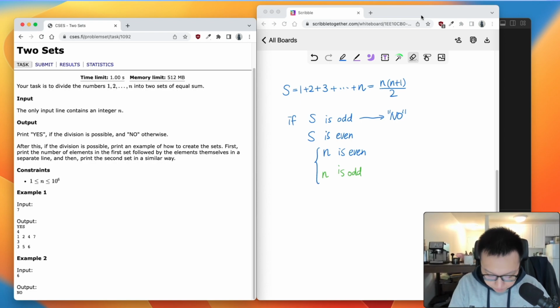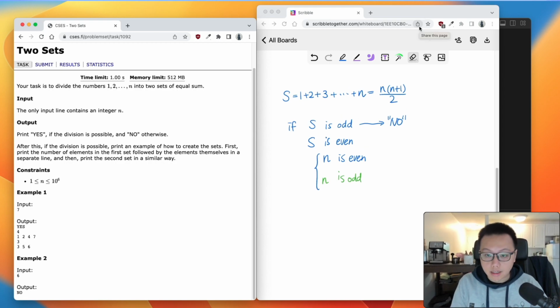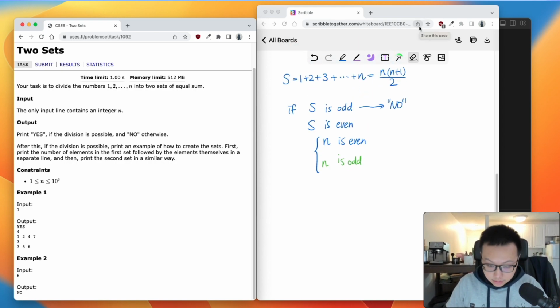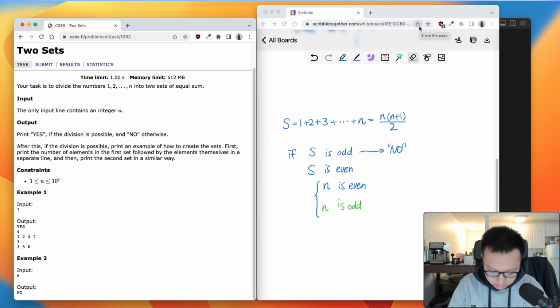Because n is even, we know that n plus 1 is odd. This is even, this is odd, but the product itself should also be even. So that means n divided by 2 should also be an even number. N is actually divisible by 4. Right?